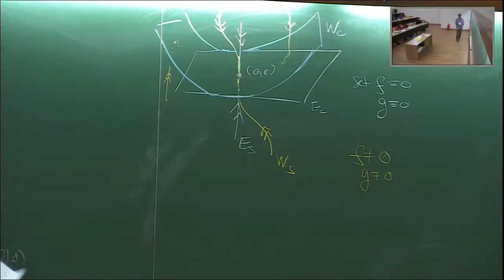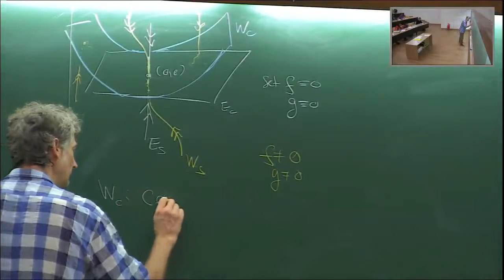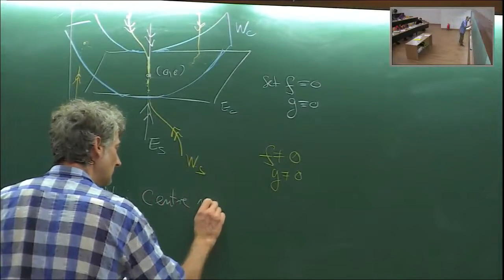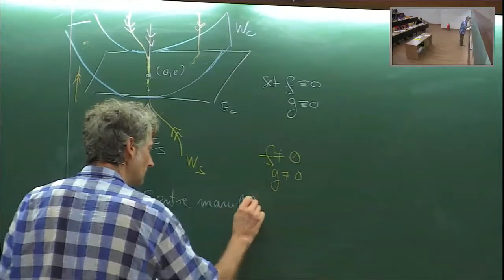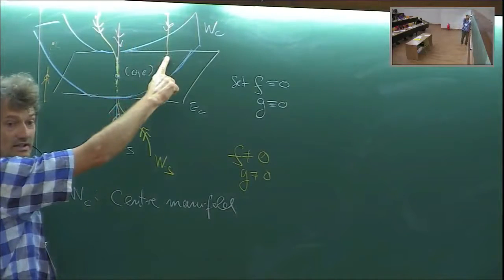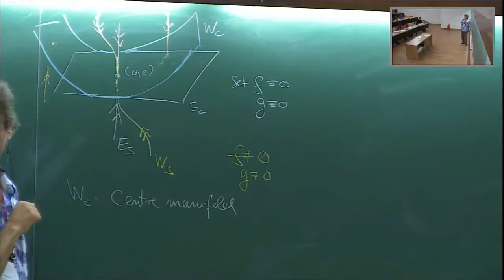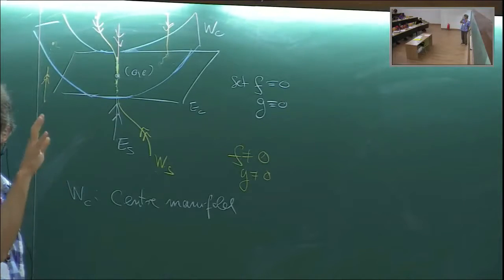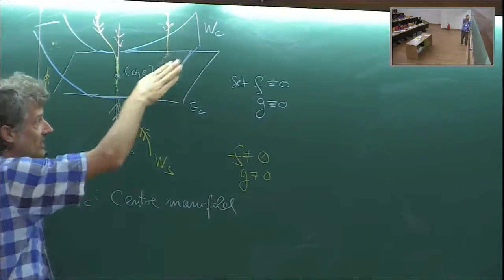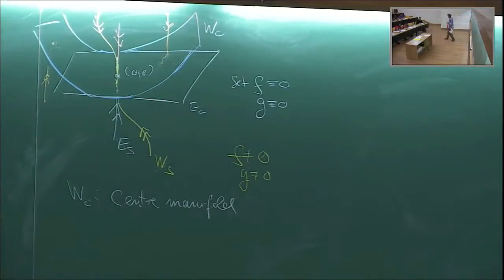Okay, so this WC here is called the center manifold. I'm going to define it properly. Our aim is, once we are on the center manifold, we have slow dynamics. So our aim is that the slow dynamics is the dynamics restricted to that center manifold. That will be our reduced model.